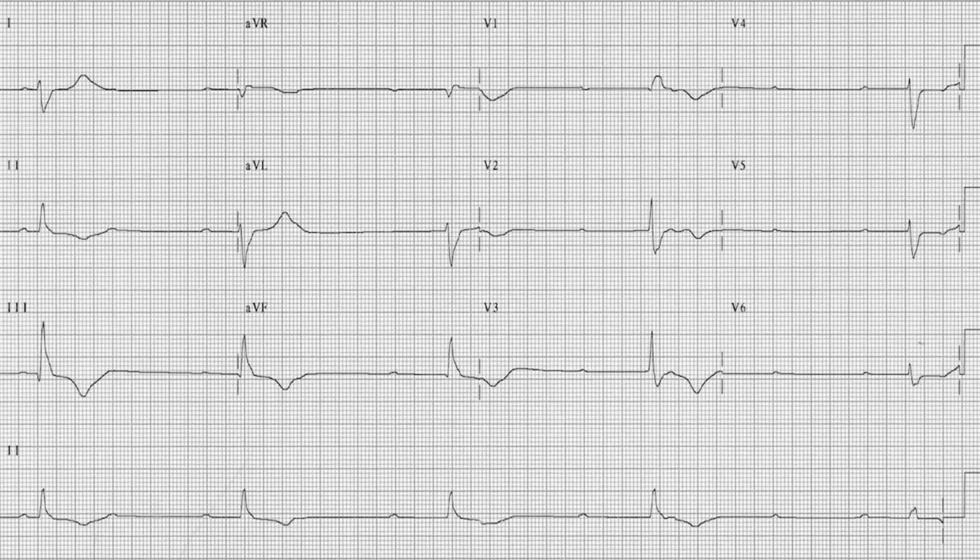We should know this small square is 0.02 second, and this large square is 0.2 second. Lead 2 is the long lead.